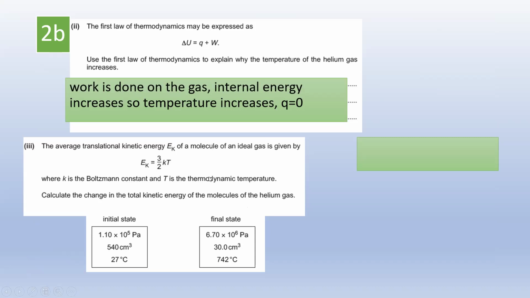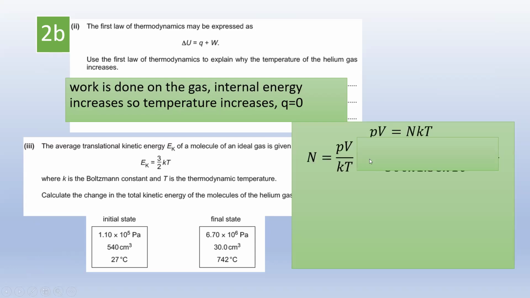Just use this one, no? But first you have to calculate the number inside here, no? So you can use either one to calculate. Right? PV equals NkT. Subject your N. Put in your value of PV. Can use either one of them. Put in the value. Then calculate out.